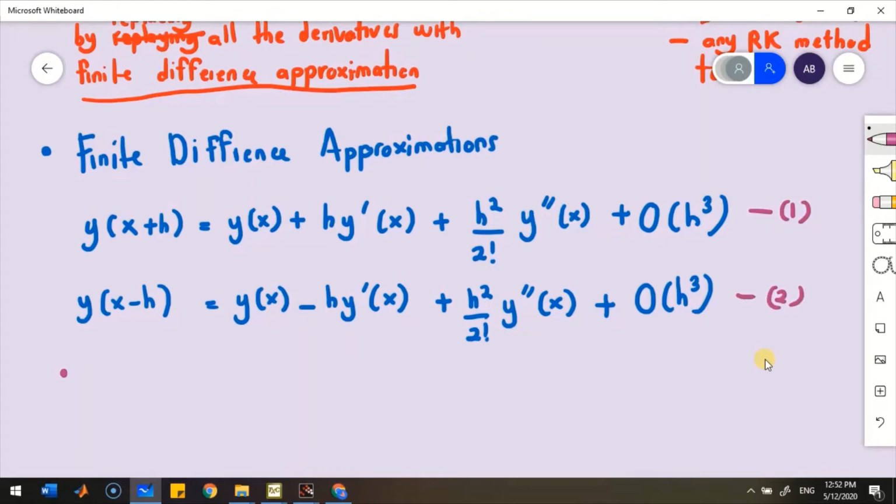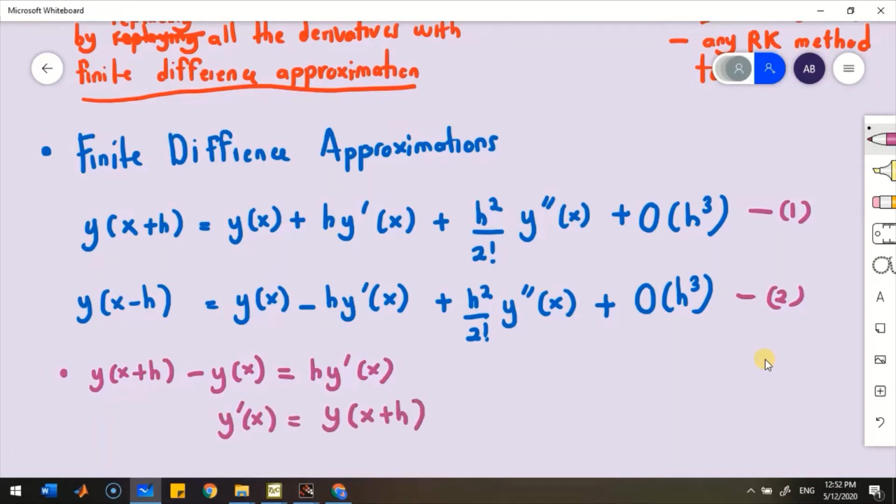By looking at just equation 1, considering only the first derivative, we have y(x+h) - y(x) = h y'(x). So y'(x) = (y(x+h) - y(x)) / h.